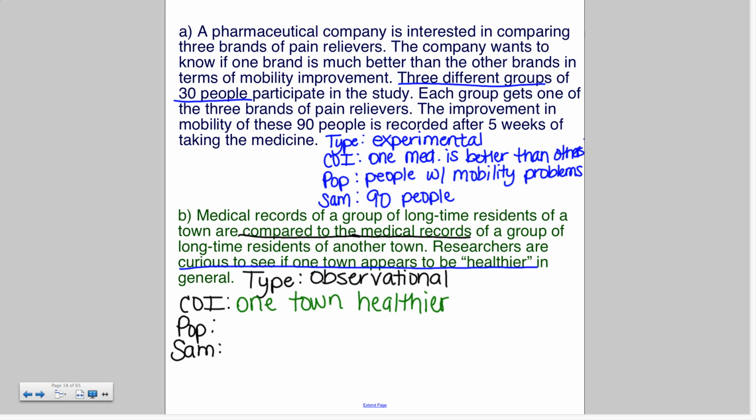My population is the people in the town, because I want to know if the town people are healthier. So town people. But in those town people, the people that I am looking at are long-term residents. All right.